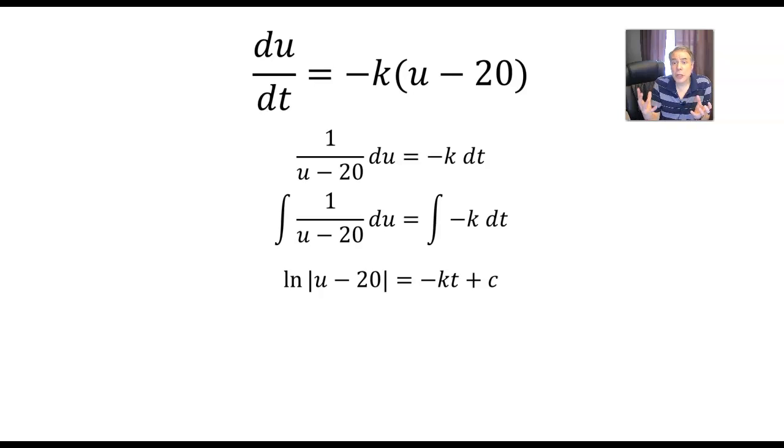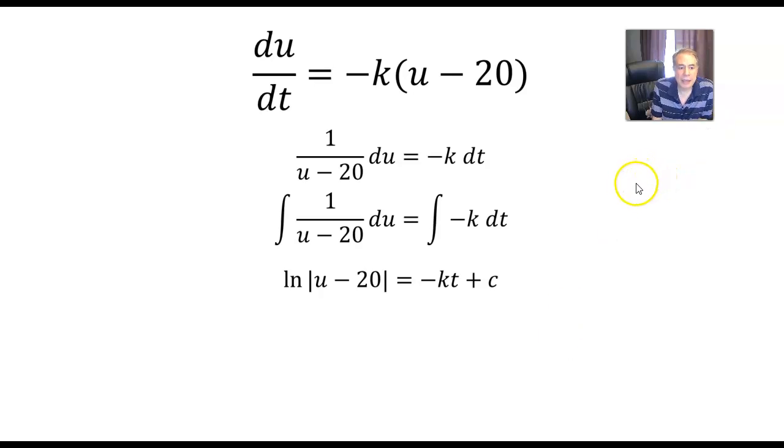Now, if we're assuming that u starts out being more than 20, we're talking about a cup of coffee that is initially hotter than the surrounding room temperature, then u minus 20 is going to be positive, and we don't need to mess around with the absolute value. But if u were less than 20, we could still do this, and then the absolute value bars would be important. On the other side, the integral of negative k dt is negative k times t plus a constant of integration c.